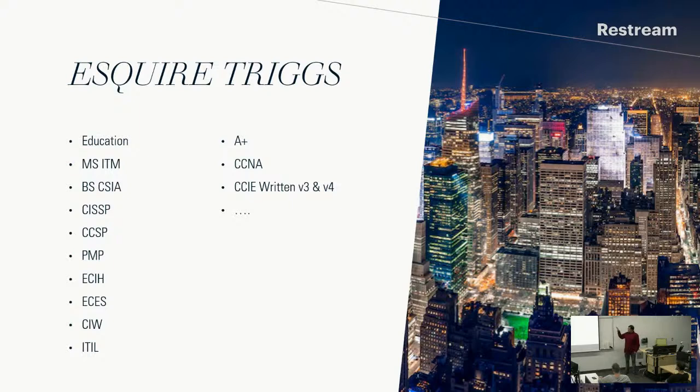And every one of these certifications, I think I've had somewhere around 38 certifications, every one of them has come from me trying to learn something. Some of them were a part of me getting some of those degrees, but pretty much every one of them was me trying to learn something new.